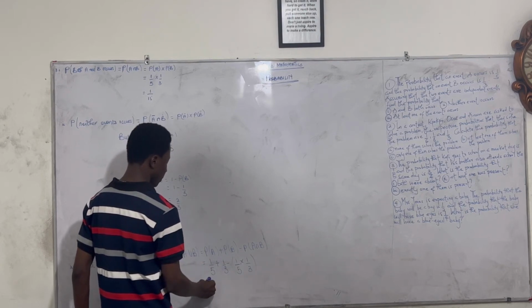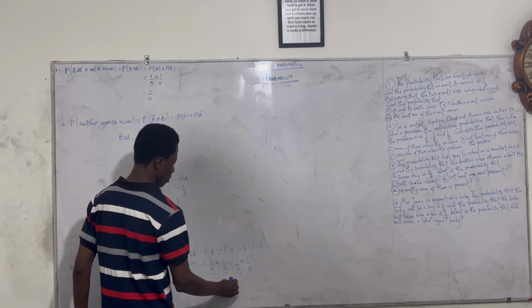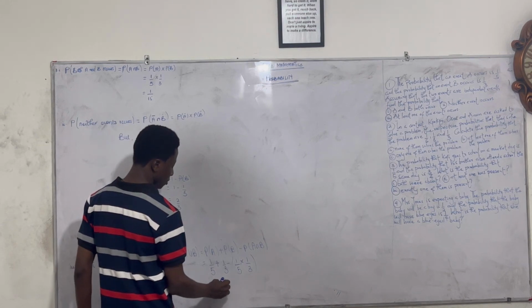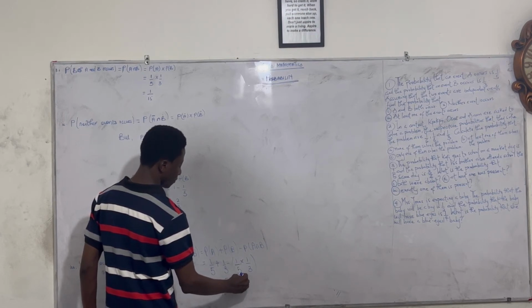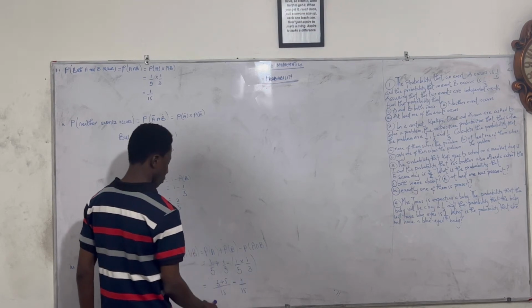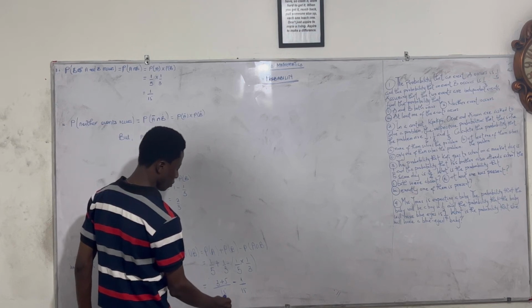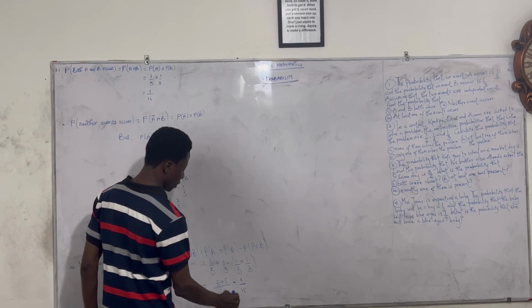So let's do that and see what we are getting. For this side, what are we getting? It's 15 over 15 minus 1/15.